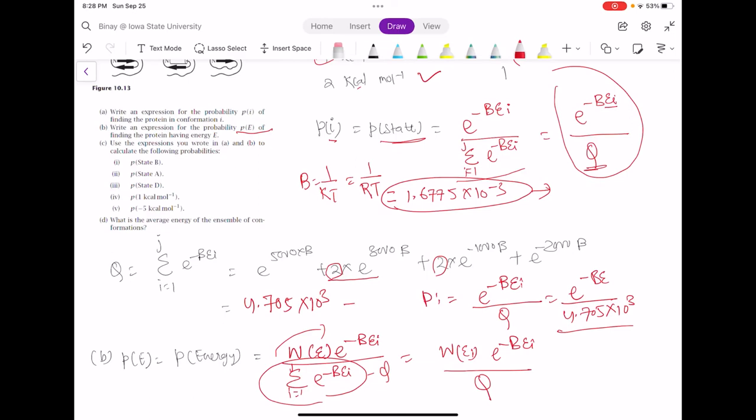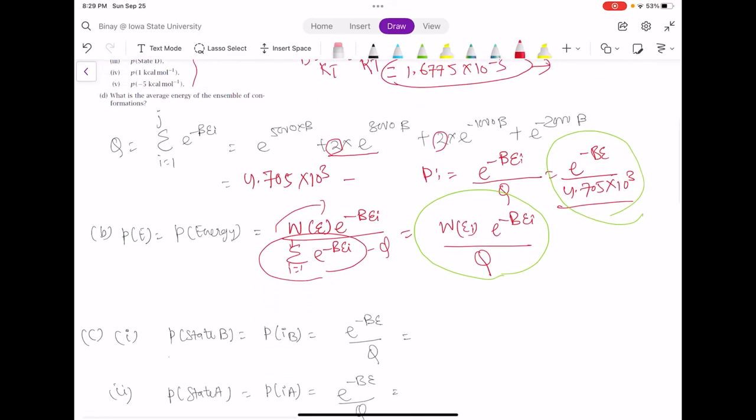Part C asks us to find the probability of a particular state or energy level, so we'll use the two formulas from the first two parts. First, P of state B: e to the power minus beta times minus 3000 divided by q, which is 4.705 times 10 to the power 3, equal to 0.0325.